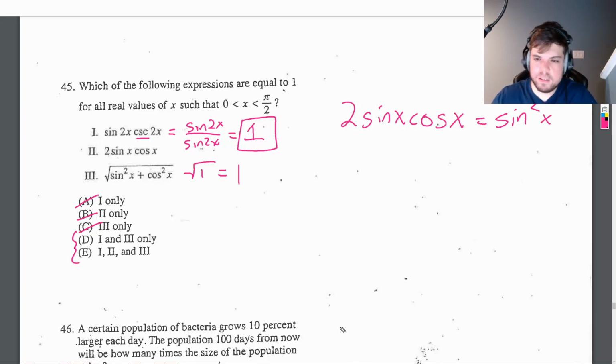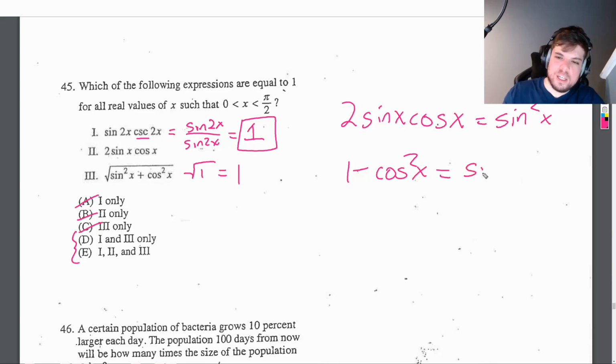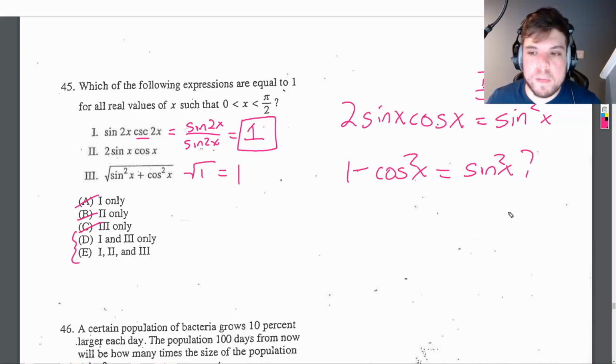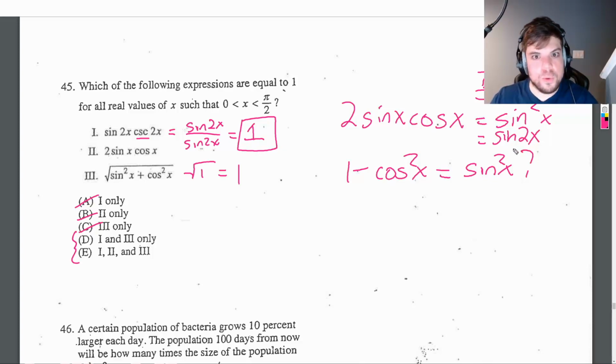Or is it? Or wait, I thought there was another one. Isn't it like 1 minus cos squared x equals sine squared x? Is this one cos squared x? I'm not sure. I don't remember my trigonometric identities. Oh, wait a minute. Was this sine 2x?